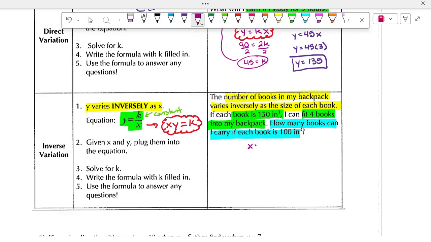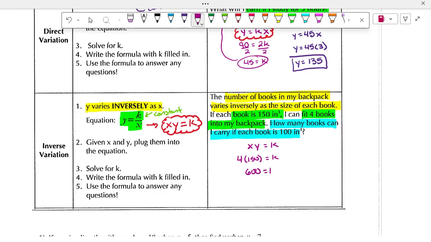Again, we're going to use x times y is equal to k. The reason I like using that one is you don't have to figure out which one goes in the denominator and which one goes in the numerator. You just multiply them together to get k. So I'm going to do 4 times 150, and that's going to equal k. What's 4 times 150? 600.